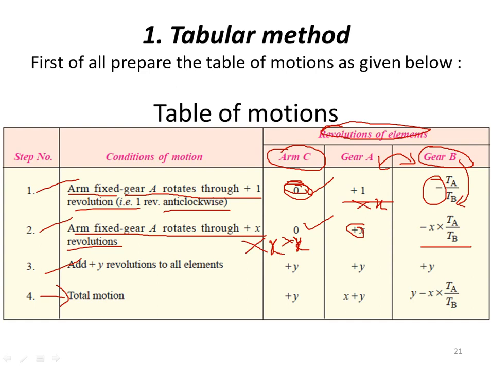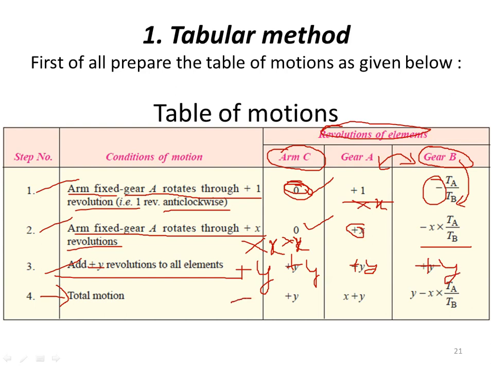Same procedure. Now the third step is to add plus y revolution to all elements. First step, second step into x, third step is plus y. So whatever you got in the second step, you just add plus y to this. Plus y, plus y, plus y. So add this revolution to all the elements.